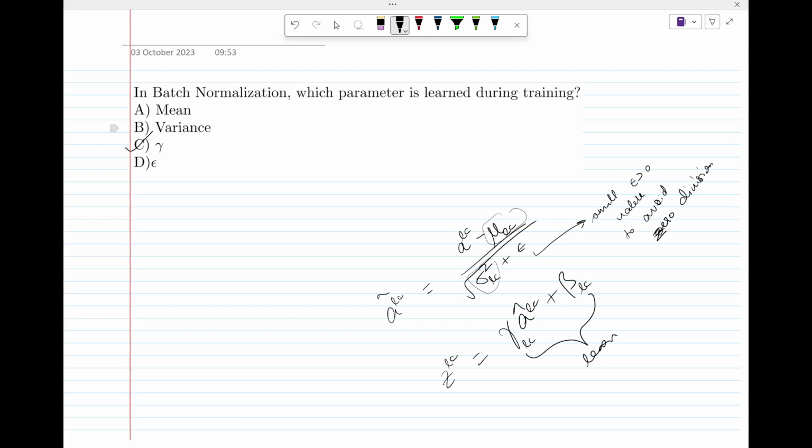So gamma is the parameter which is learned during training. We just had to know the formula and what parameters are getting learned. That is how the principle of implementing the batch norm is done.